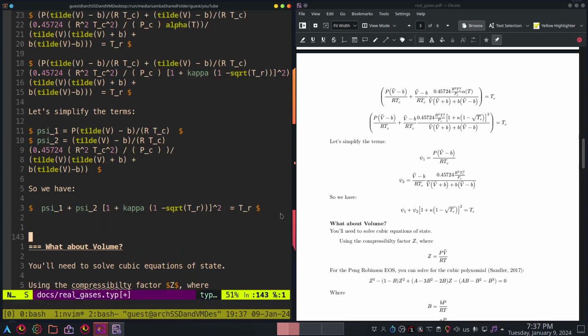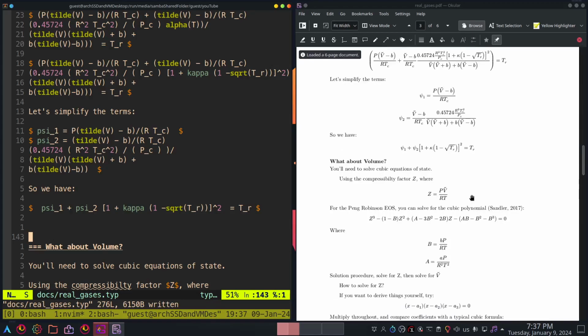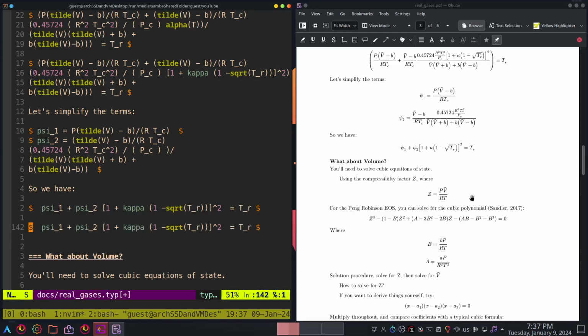So now what I need to do is just to expand this out. So let me just do that. So I have a 1 minus tr square here.